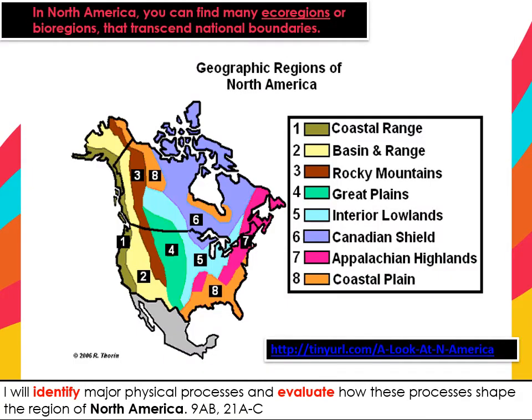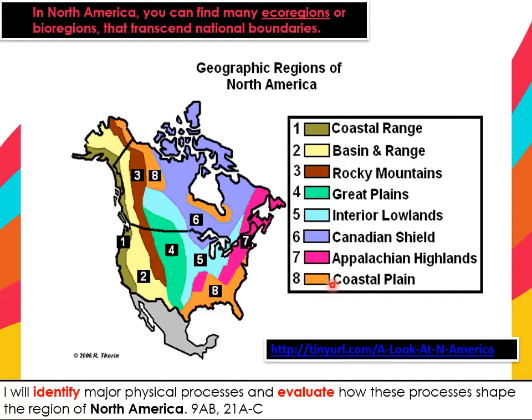Now, in North America, you can find a lot of ecoregions or bioregions, and these are transcending national boundaries and political boundaries, and these are areas of life. And they describe the terrain and the lifestyle of the biomes, okay? The ecoregions.